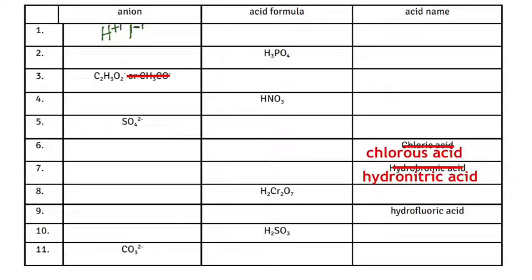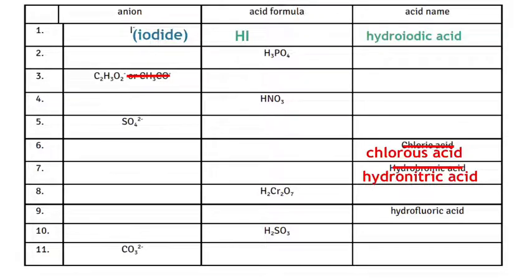A plus 1 and a minus 1 are just going to cancel each other out, which means that our formula is going to be HI. Now, that is iodide. It's just a simple single atom, not a polyatomic. So our acid's name is going to need to start with hydro because there's no O's in that formula. And then that's going to end with ic acid.